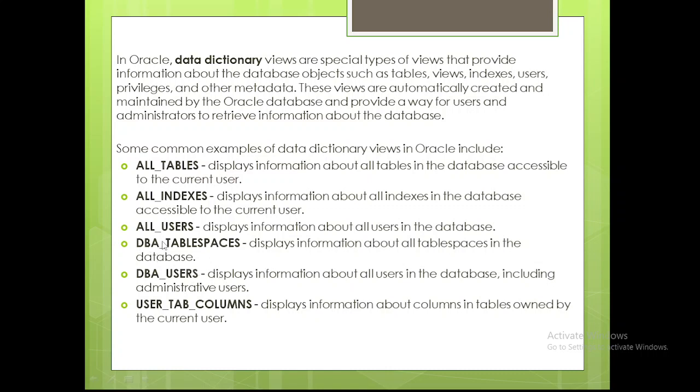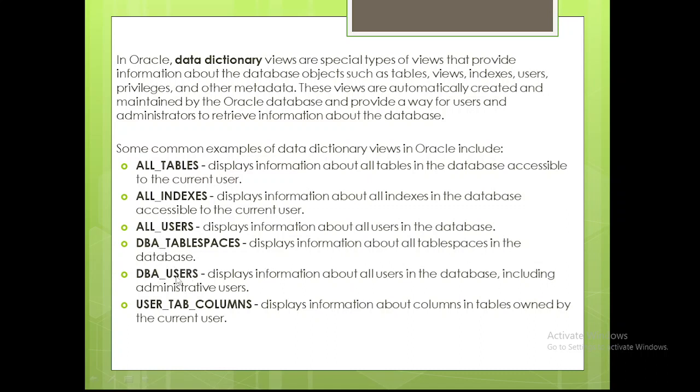Here we also have DBA_TABLES, DBA_INDEXES, but those are accessible to DBAs only. So you need to be very careful and see what you are trying to access. So DBA_TABLESPACES is accessible to database administrators only. Okay, so this will tell you about all the table spaces.